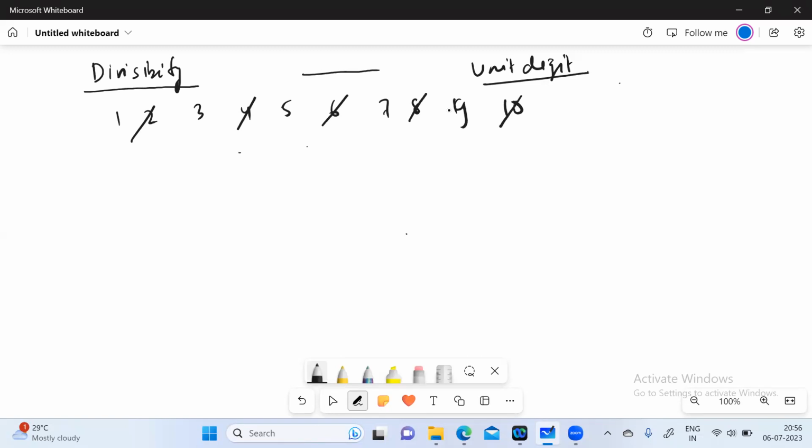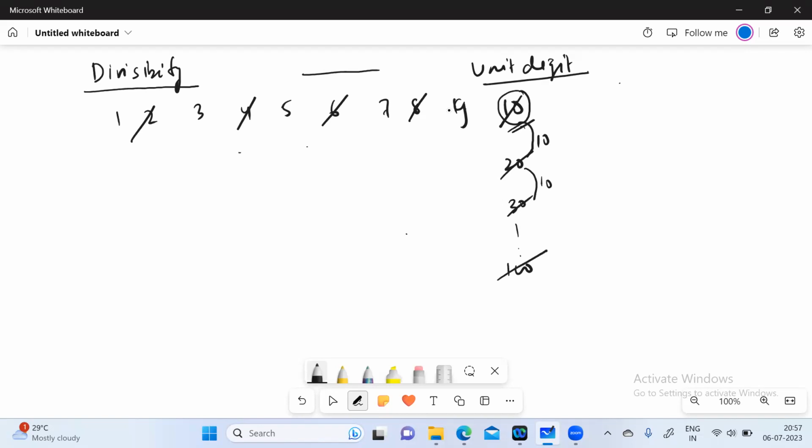So 10 is being divided by 2. The 10 extra, when we reach 20, will also get divided by 2; 30 also, and similarly 100 will also get divided by 2.